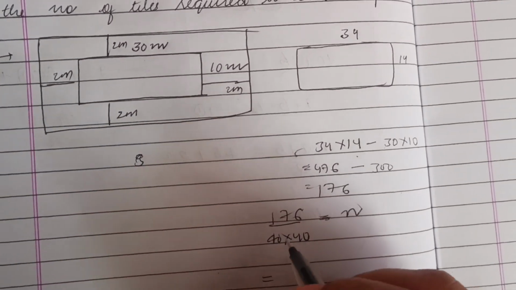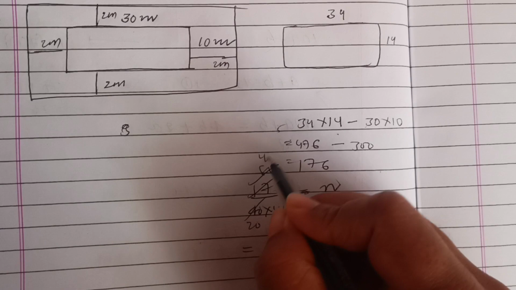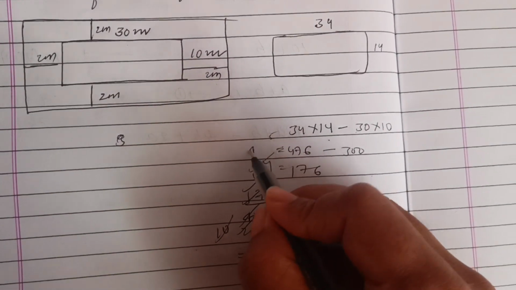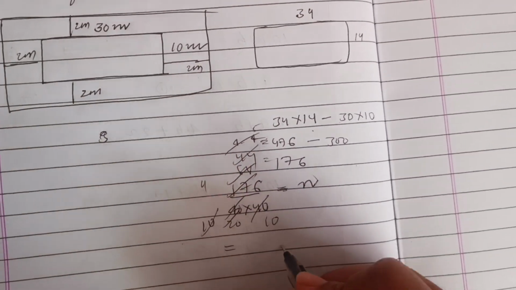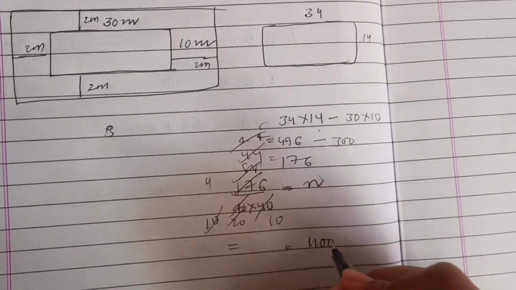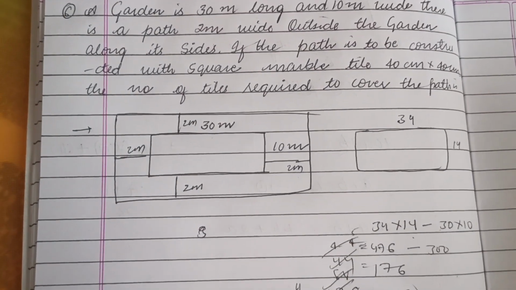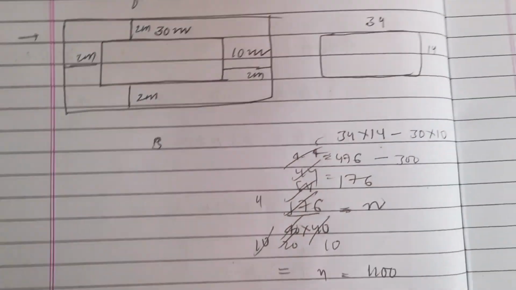After dividing this, finally we will get 1100. Therefore, the number of square marbles required to cover that path will be 1100.